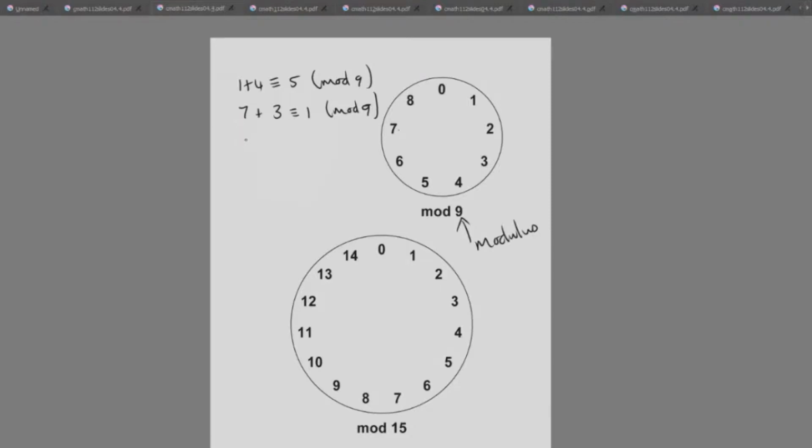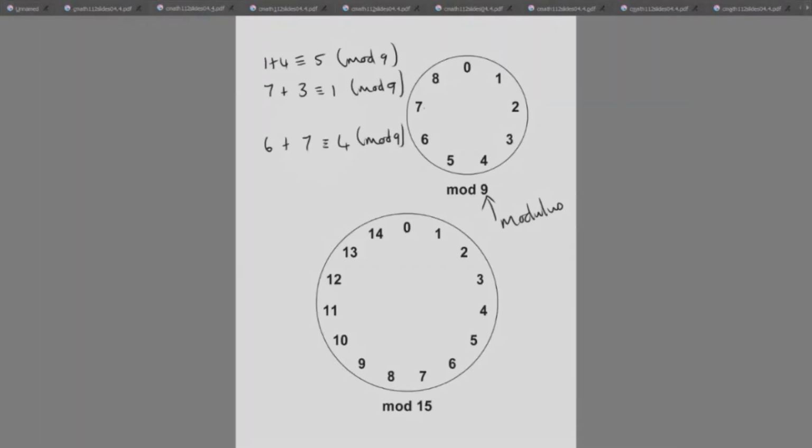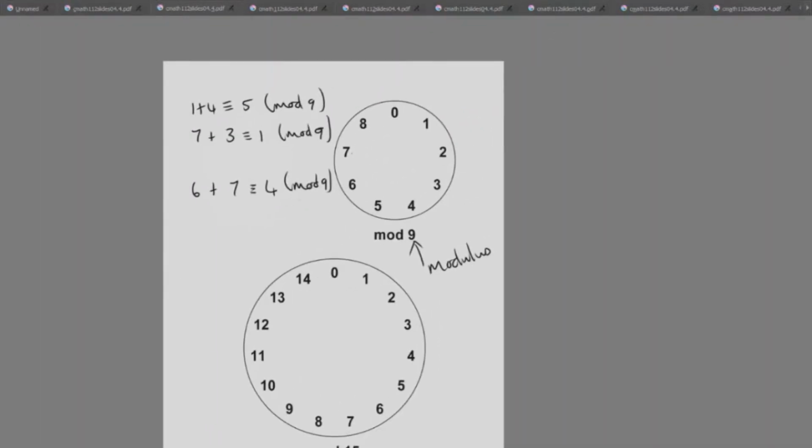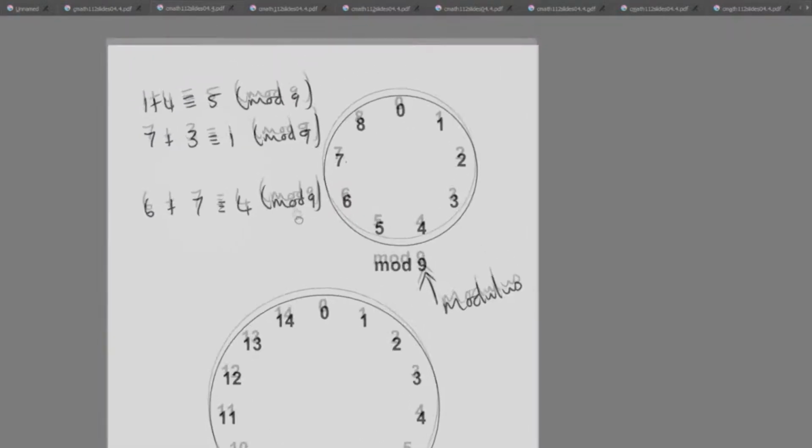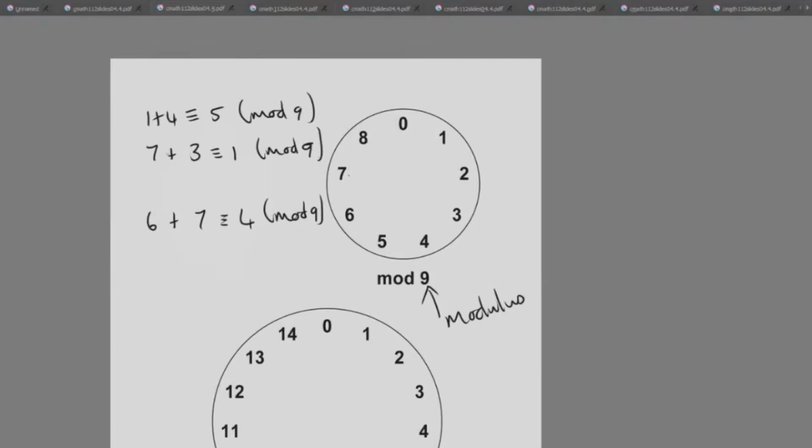Let's say 6 plus 7. Yes, you can stand at 6, take 7 steps, 1, 2, 3, 4, 5, 6, 7, and end at 4. But walking around a circle is pretty basic.